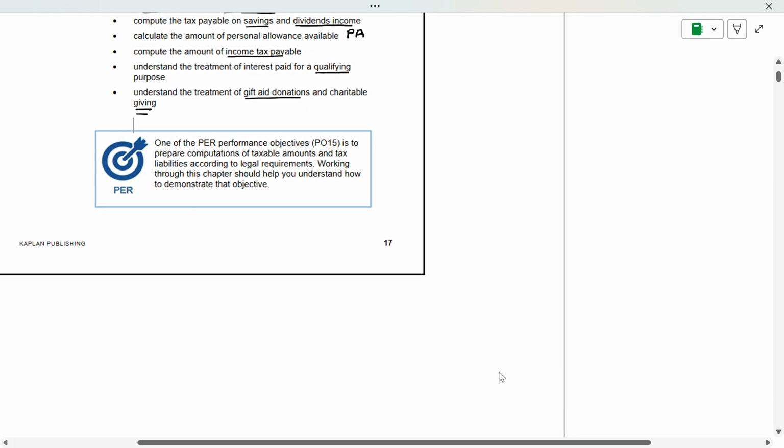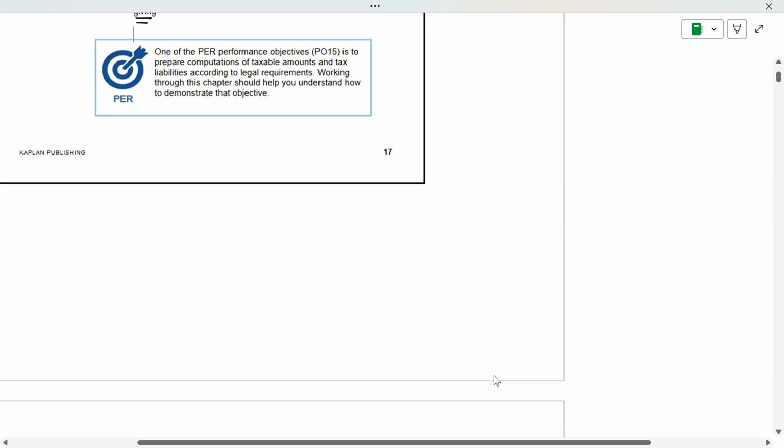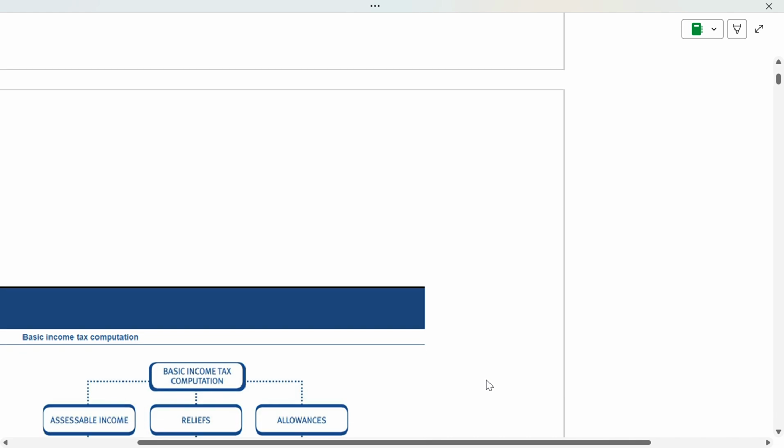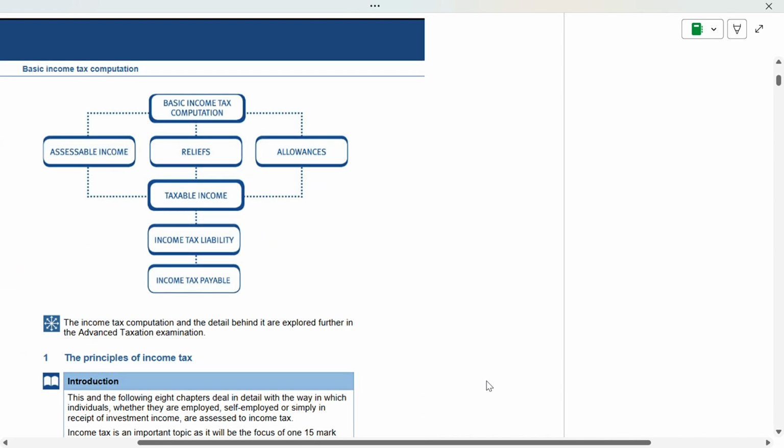This will be part of a 15 marks question. Two, three or four chapters will be mixed into a 15 marks question. When we are talking about the reliefs, we take the assessment income, how much is the relief, and how much are the allowances, all three at one stage. Then we will get taxable income.